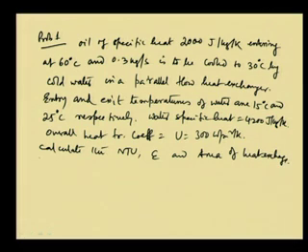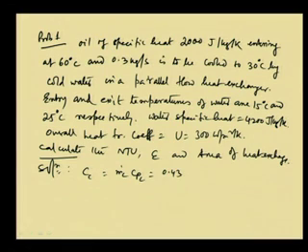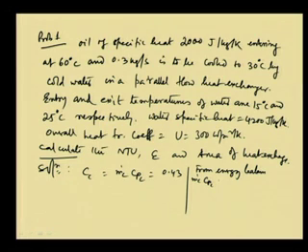Okay. So, now the solution. We know that Cc is equal to m dot C Cpc. We have to calculate the value of m dot C, which can be found out from energy balance: m dot C Cpc into delta Tc is equal to m dot H Cph into delta Th.